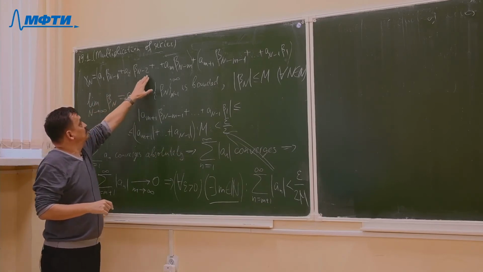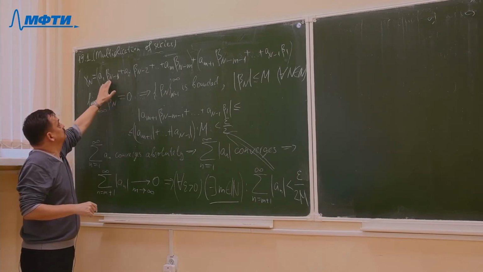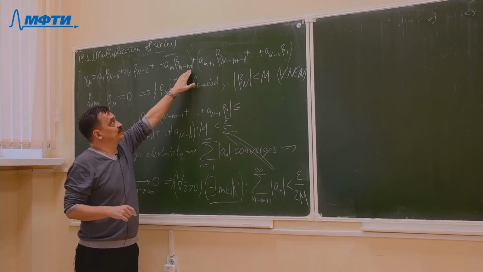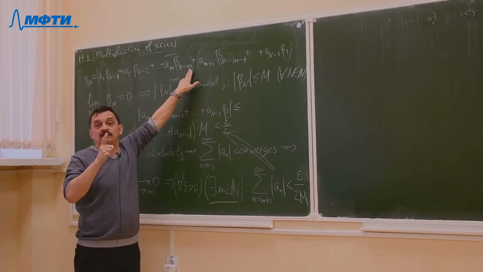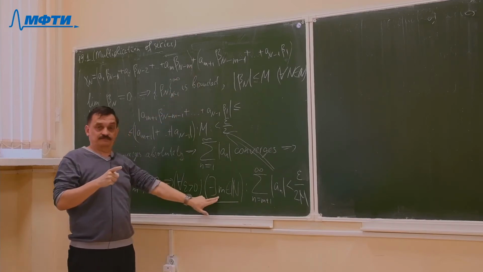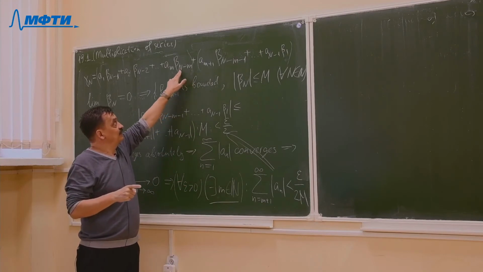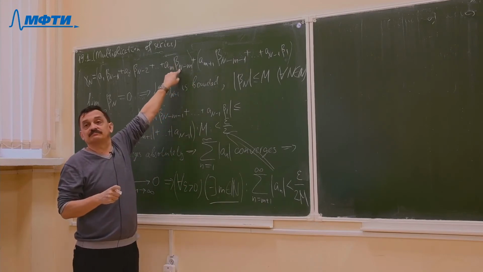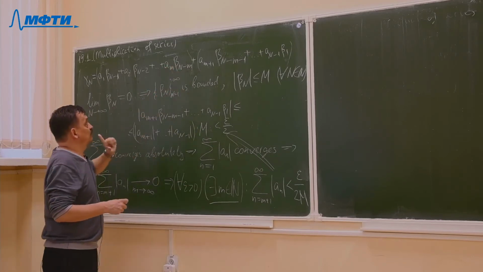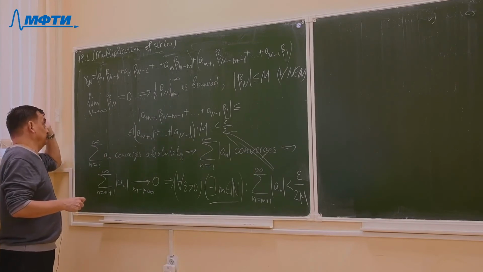Look at the numbers in betas. Capital N minus 1, N minus 2, so on, up to capital N minus m. Remember, m is fixed, right? We choose it. m is fixed. But still we have a freedom in the choice of capital N. So, I want to choose capital N. How?